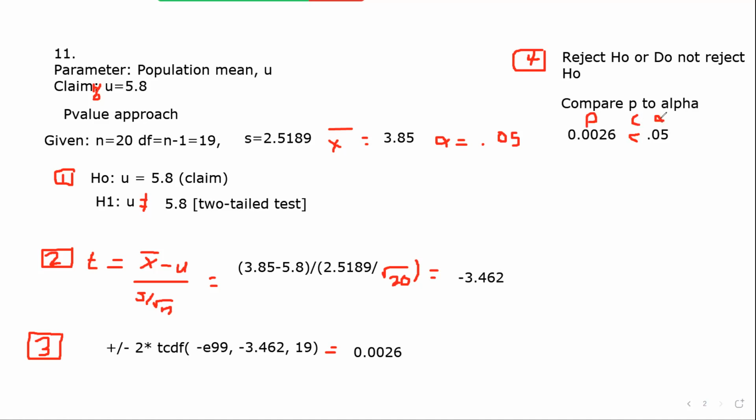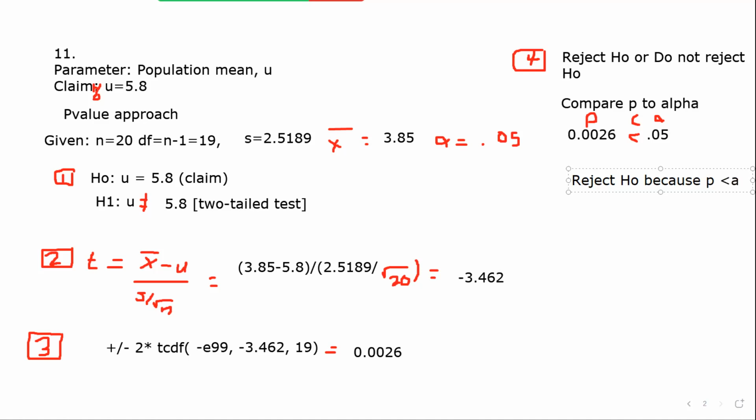Okay. And so what do we say? We reject the null, right? So you write, you reject the null, reject H0, because P is less than alpha.